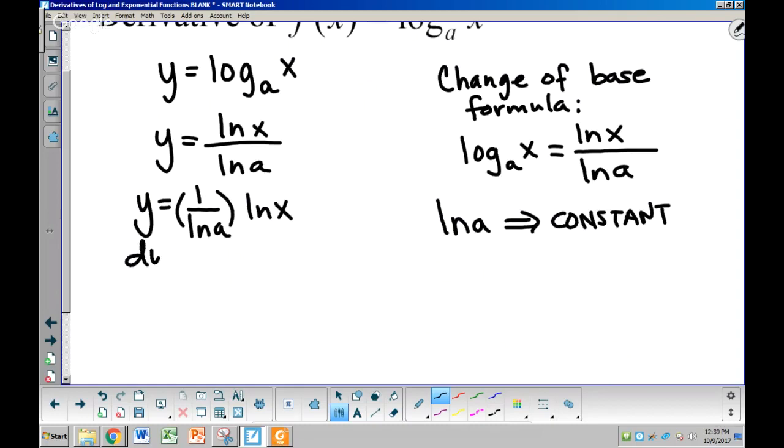So if I take the derivative, it would be dy dx equals the constant, which is 1 over the natural log of a, times the derivative of ln x, which we said was 1 over x. So this is going to be 1 over the natural log of a times x.